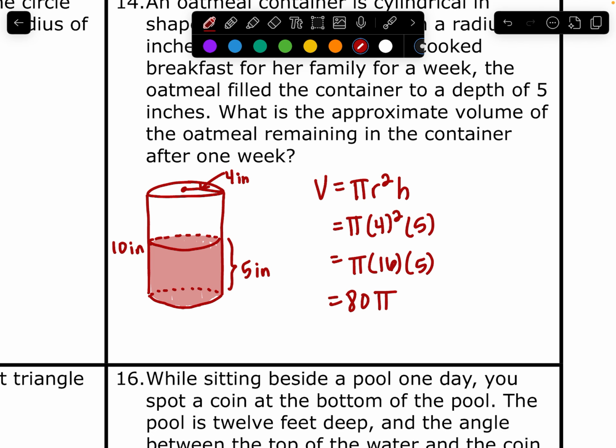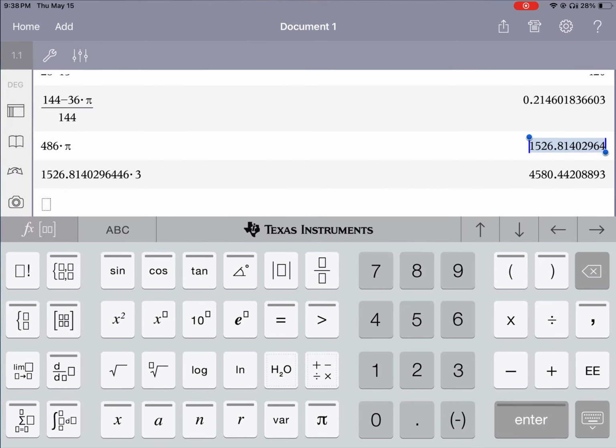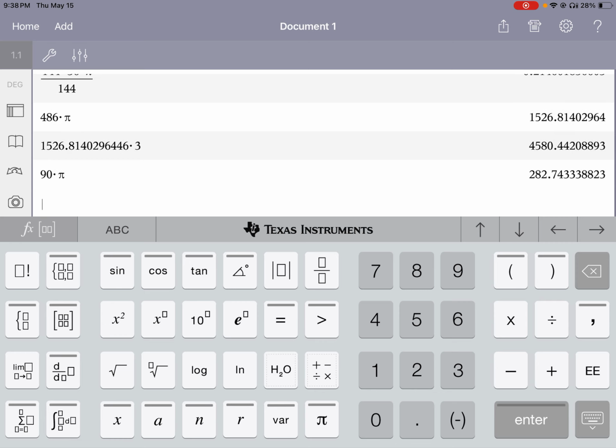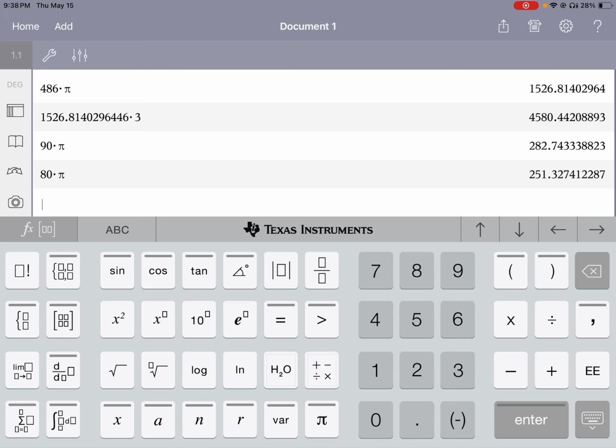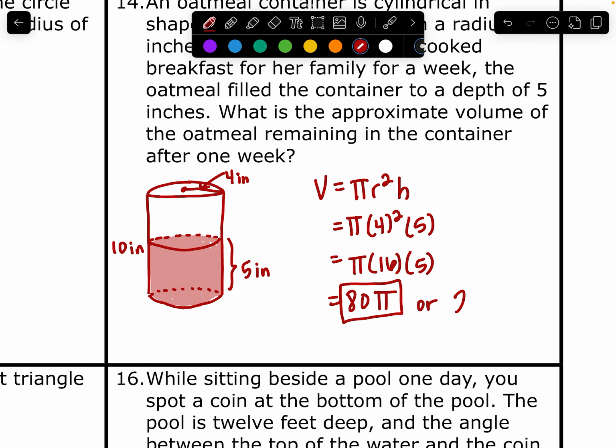Okay, so we could write it like that, but since it did say approximate, let's change it to a decimal. 80 pi, okay, 251.33. That'll be cubic inches.